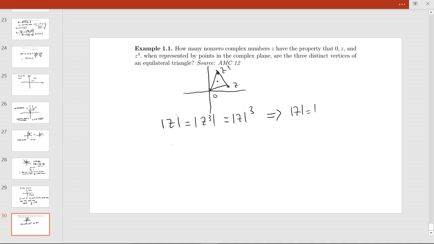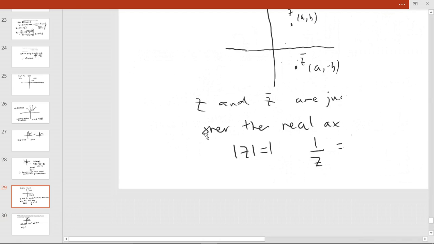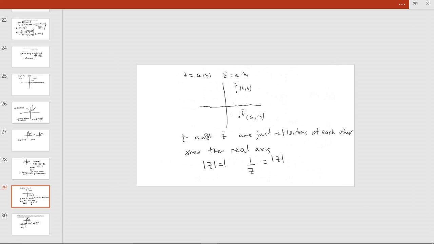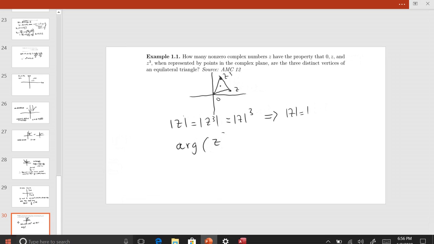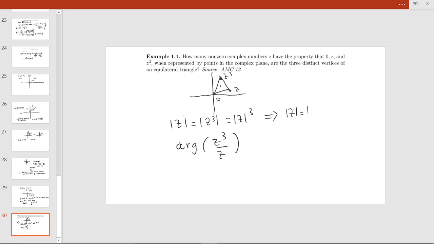So this means, by our previous discussion of rotations, that the argument of z cubed over z must be plus or minus pi over 3, and then plus 2 pi k, so adding on any multiple of 2 pi.